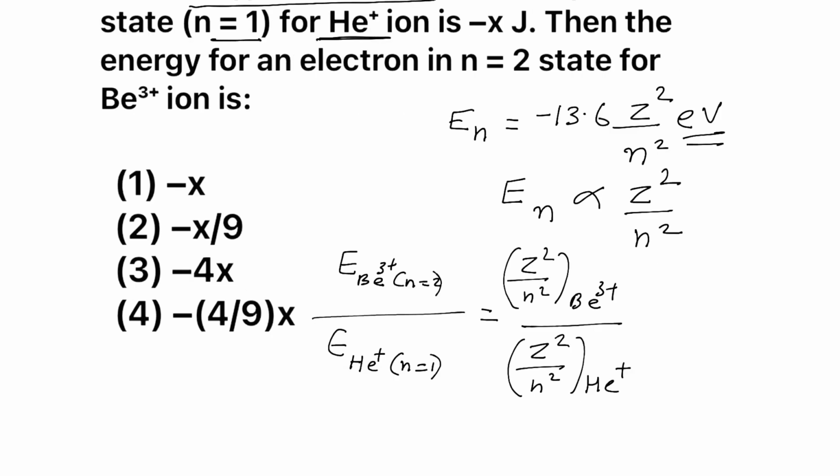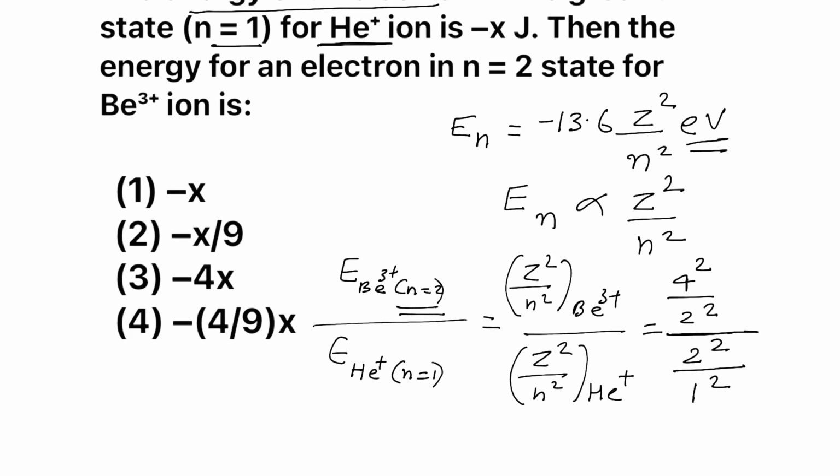For beryllium, what is the atomic number? 4, right? So 4 square, Z square means atomic number square, by what is the n value? 2, so 2 square. For helium, what is the Z value? You know, it is 2, so 2 square by n value 1, so 1 square. Clear? As per the question, we have to find this, right?